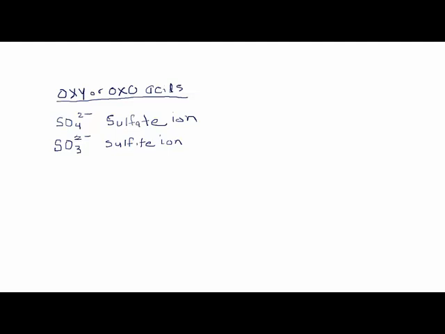Another example would be this, that you memorize this ion called the chlorate ion. And then you knock an oxygen off. And what do you think the name of that is? You're correct. It is the chlorite ion.